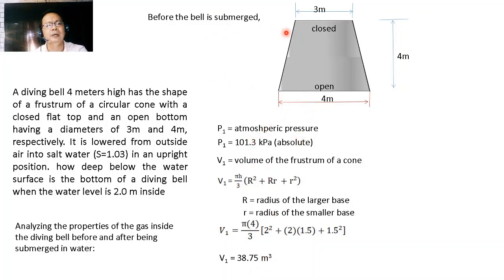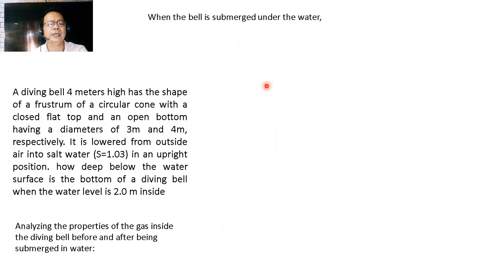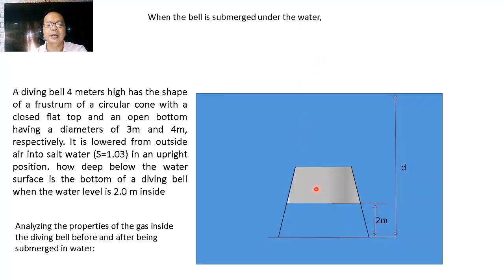Now when the bell is submerged in the liquid, when the bell is already under the water, what happens now? There is already 2 meters of water inside the bell, and hence our height of the air will be the remaining 2 meters, because the total height of this bell is equal to 4 meters.